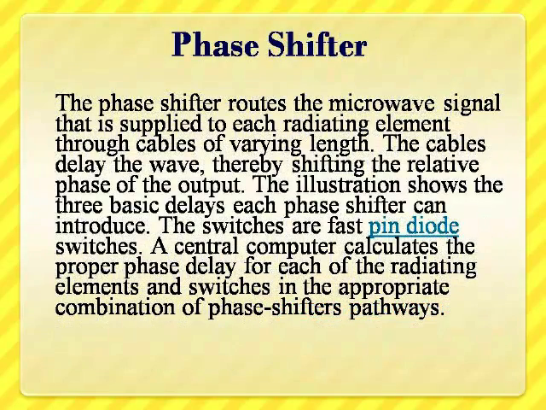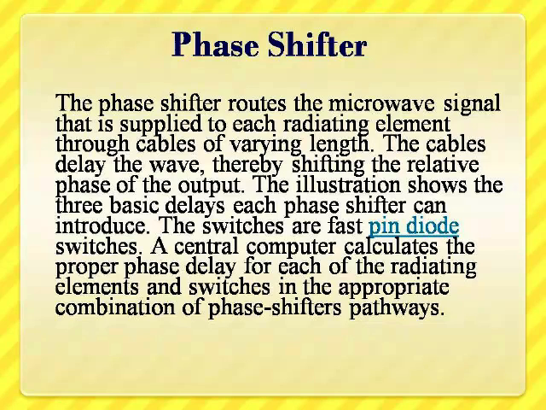The phase shifter routes the microwave signal that is supplied to each radiating element through cables of varying length. The cables delay the wave, thereby shifting the relative phase of the output. This illustration shows the three basic delays each phase shifter can introduce. The switches are fast PIN diode switches.